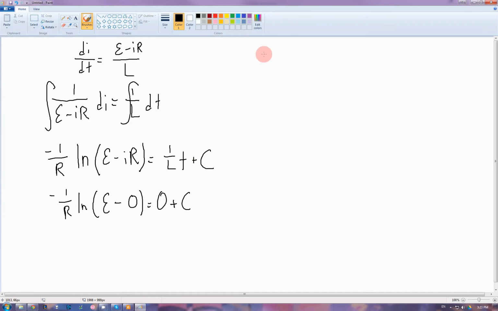Now we can plug in the value of C to our equation, and then multiply both sides by negative to isolate this ln.